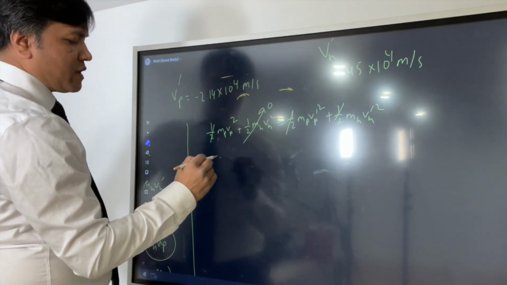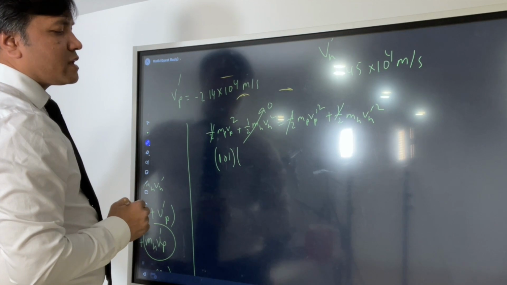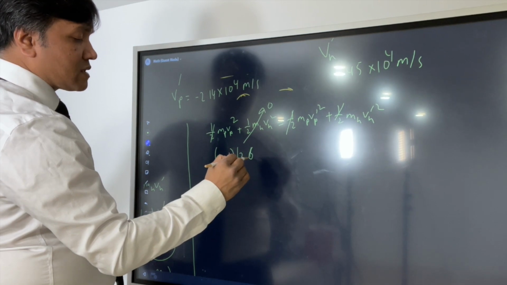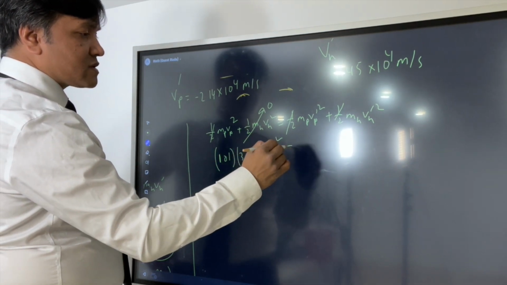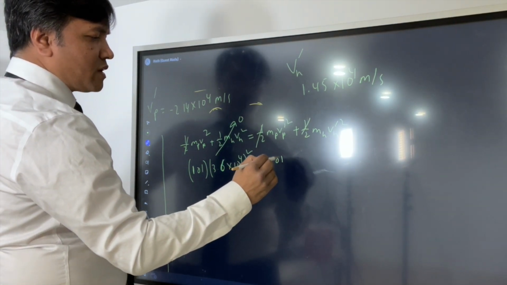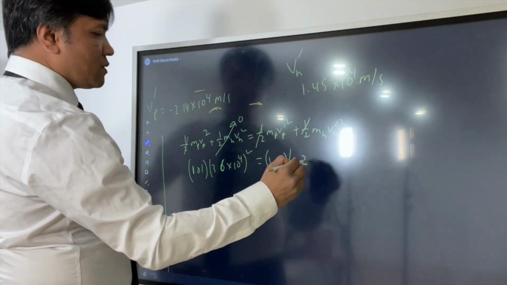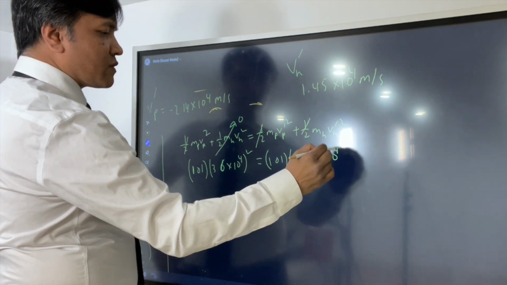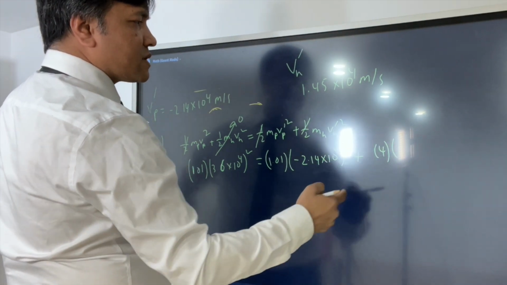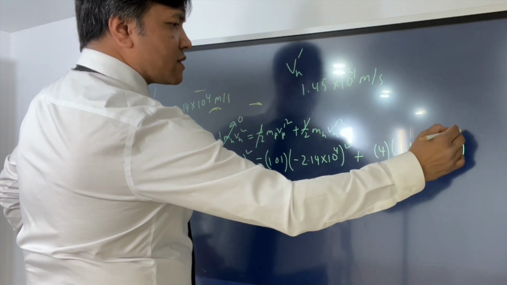So MP is 1.01 and VP is 3.6 times 10 raised to 4, squared, is equal to MP, which is 1.01, times VP prime squared, which is negative 2.14 times 10 raised to 4 squared, plus MH, 4, times VH prime, 1.45 times 10 raised to 4, squared.